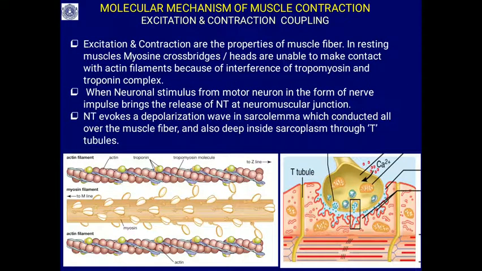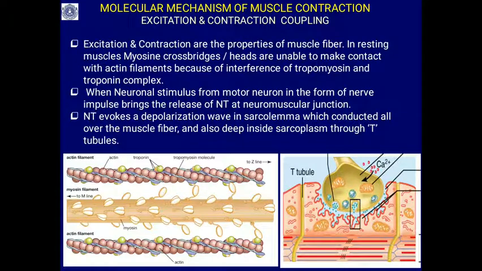Now, how are excitation and contraction coupled here? Excitation means the release of neurotransmitter that excites the membrane of the sarcolemma. Then in response it contracts. This is excitation and contraction coupling. Excitation and contraction are properties of the muscle fiber.